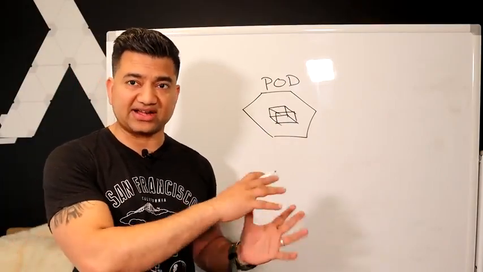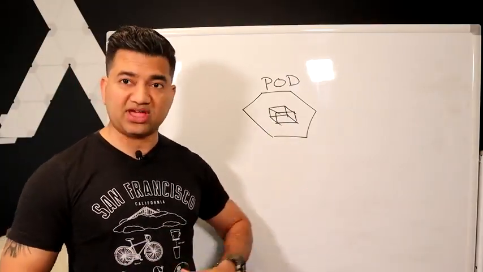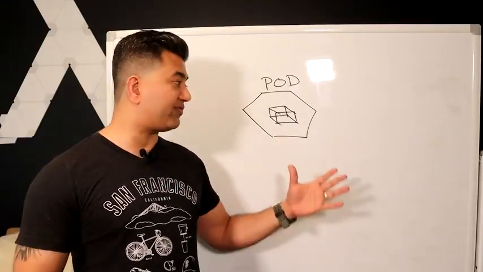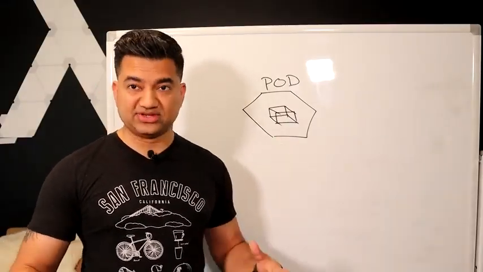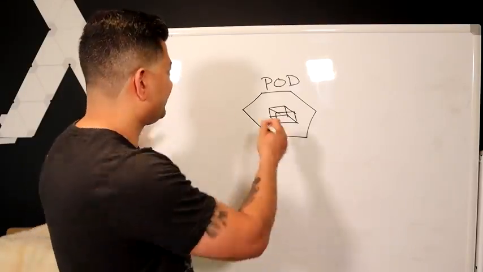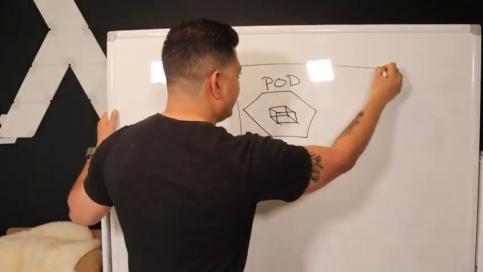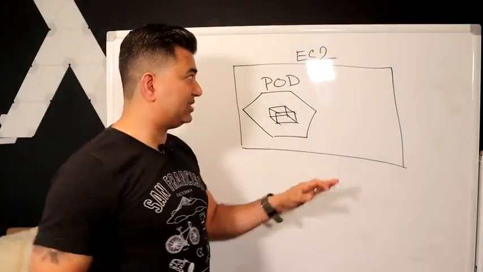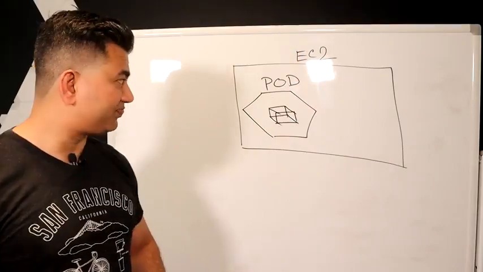We're going to talk about Fargate as well, but let's just start with the vanilla, more commonly used way of running Kubernetes using virtual machines. So let's say this is running within EC2.